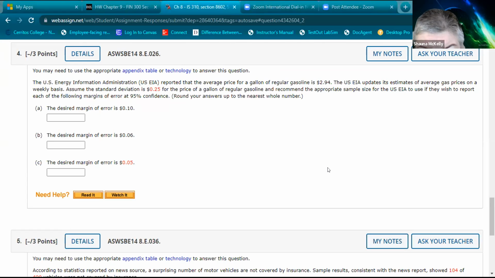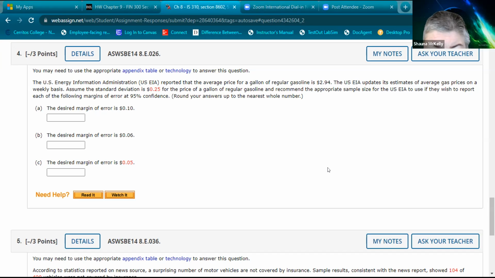So in this case, what they tell us is that the average price for a regular gallon of gas is $2.94. And it says assume that the standard deviation is 0.25.